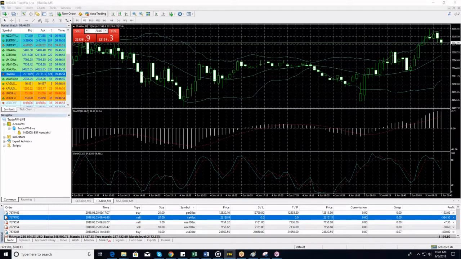My take profit will be on 22,097. This is my target price, and my stop loss is 22,183.